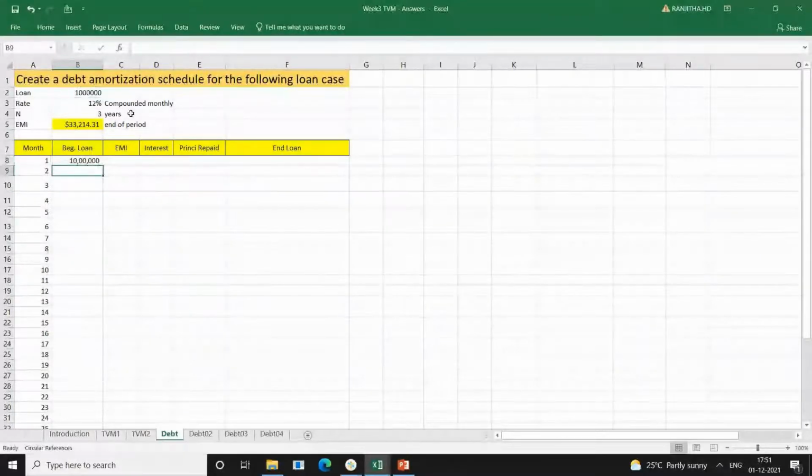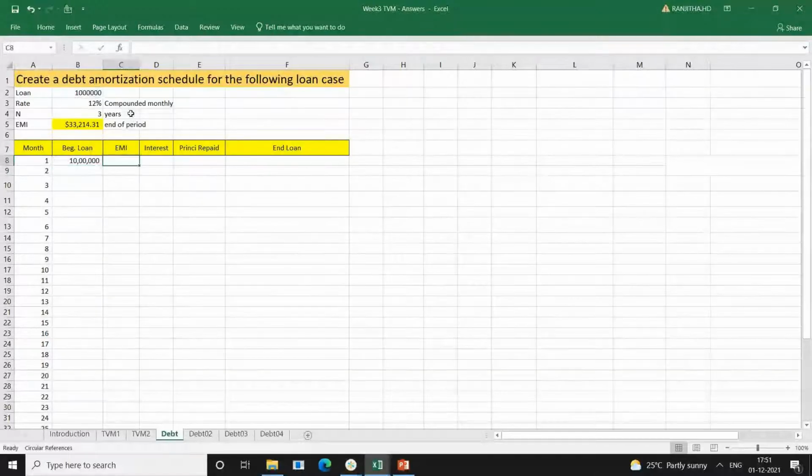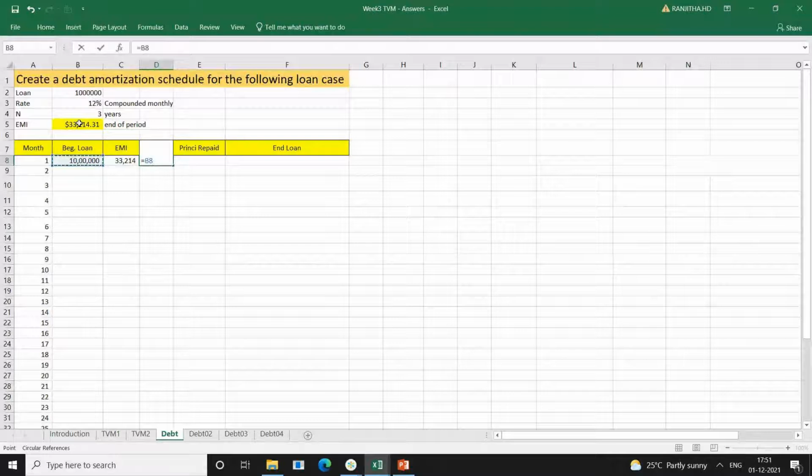After selecting the beginning loan, find out the EMI. The EMI is already found. Select the same EMI. Now I want to find out the interest. Interest is beginning loan into 12%. Make the 12% absolute, divided by 12 since it is compounded monthly and they are saying per year. So I'll get the amount.